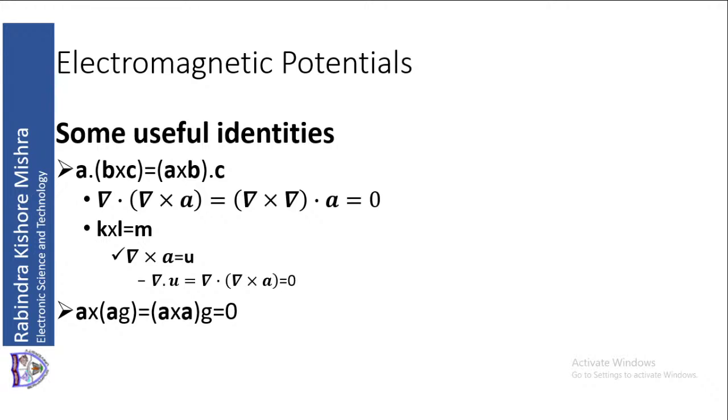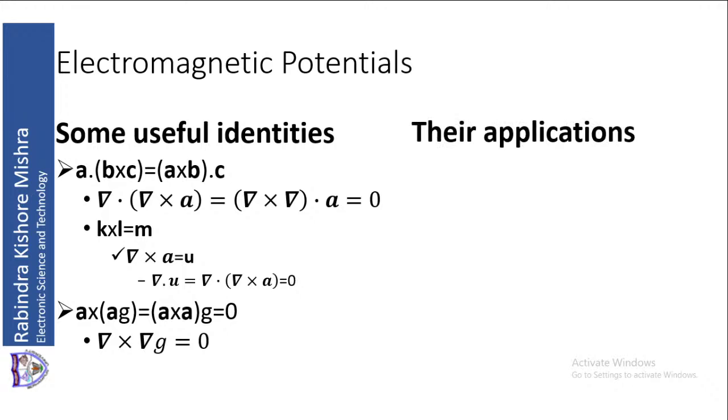Similarly, let us see another identity. A cross A G, where G is a scalar and A is a vector, is equal to A cross A times G. A cross A is equal to 0, so that will be equal to 0. Now for A, let us put del. So del cross del G is del cross grad G. So curl of grad G is equal to 0. This is a vector identity that we already know.